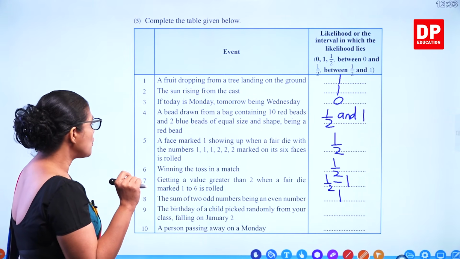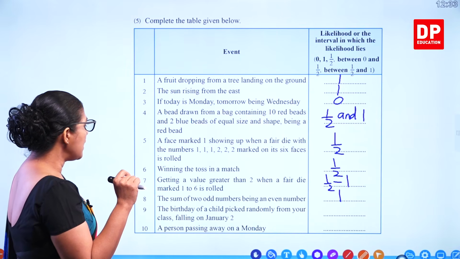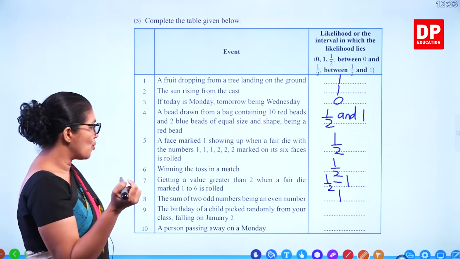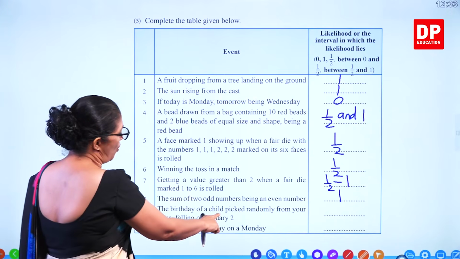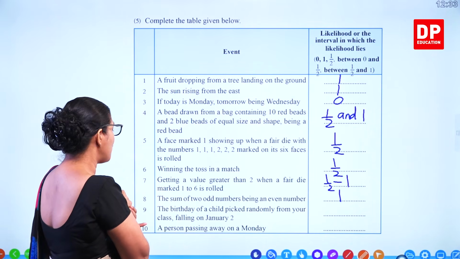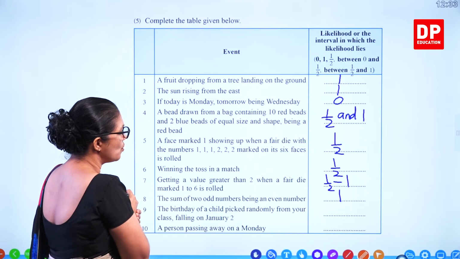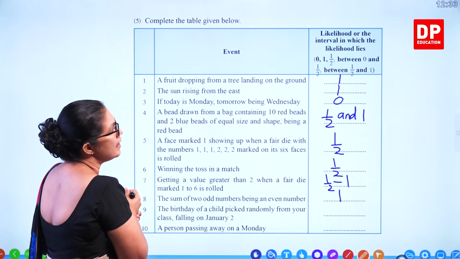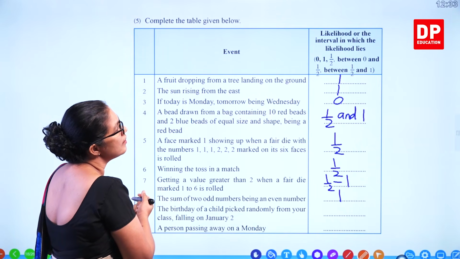The birthday of a child picked randomly from your class falling on January 2. What can you say? It can be in between 0 and 1.